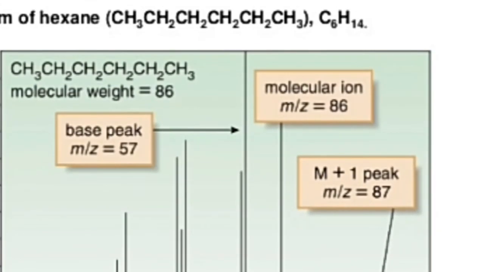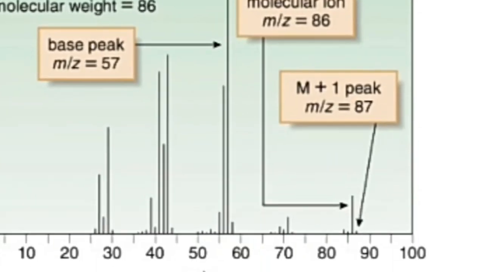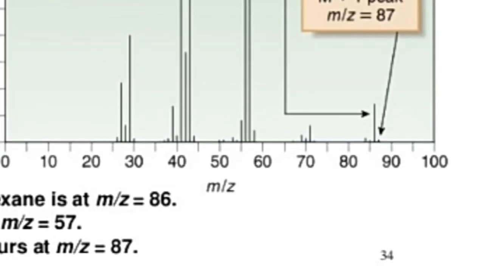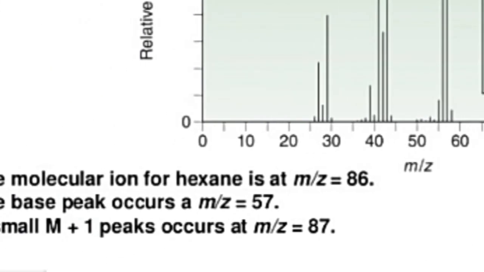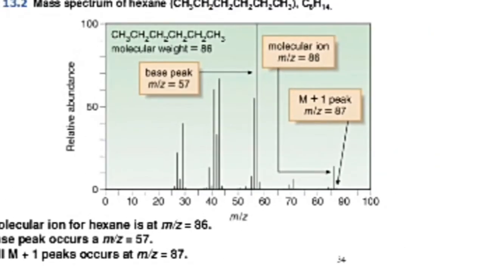Here we can see the molecular weight of hexane is 86, so the molecular ion M/Z value is also 86. The molecular ion for hexane is at M/Z equal to 86. The base peak occurs at 57, and the M plus 1 peak occurs at 87.